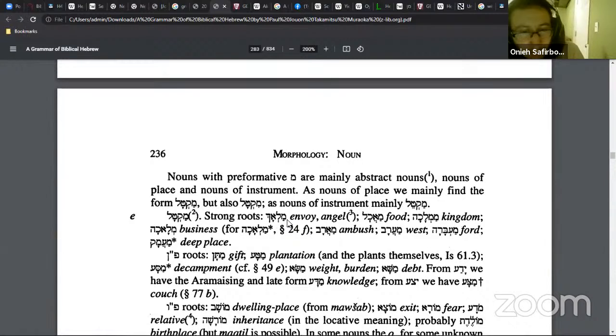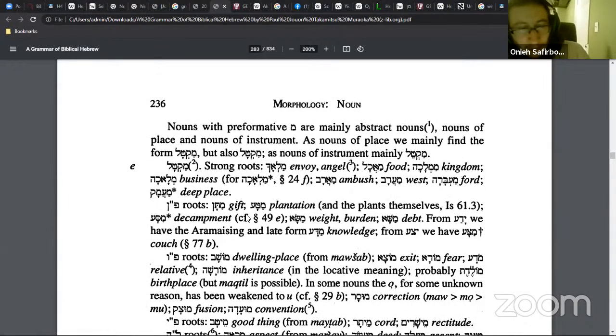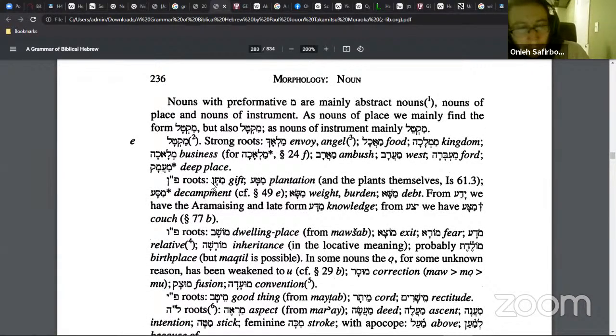And envoy or messenger is malach. So messenger is basically source of message or something along those lines. Gift: to give is natan.